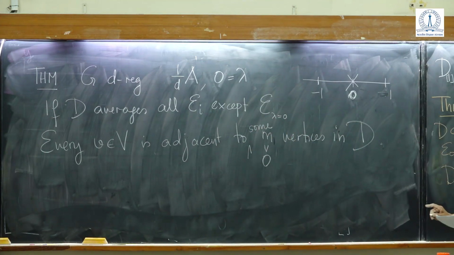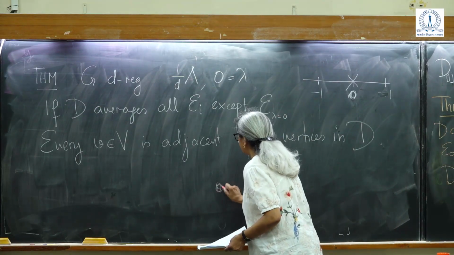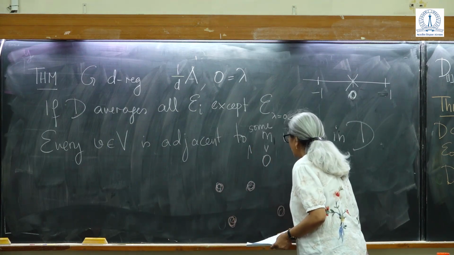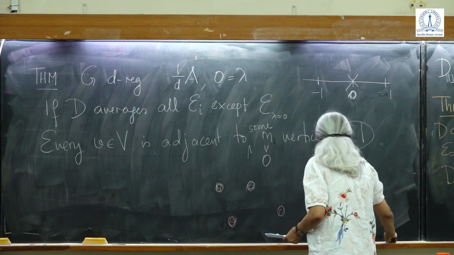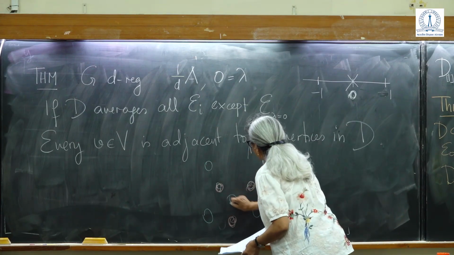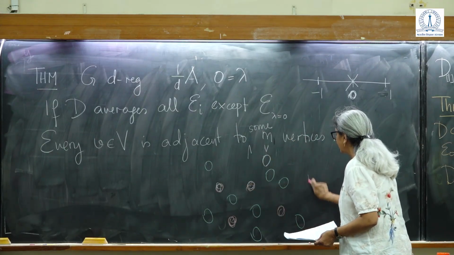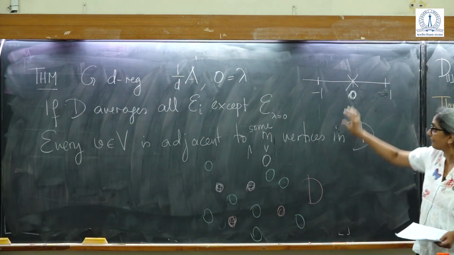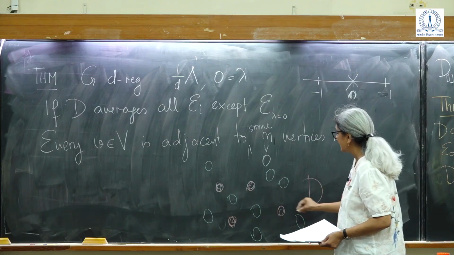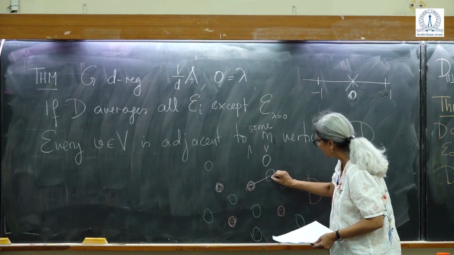So what is this saying, right? This is saying that if you take the design, so maybe in red I have my design. Here is my design sitting somewhere. And then we also have all the other vertices of the graph. Let's make them green. These are the other vertices of the graph. So it's saying that if this pink is a design that can average everything except the middle one, then all the green vertices connect to something pink.